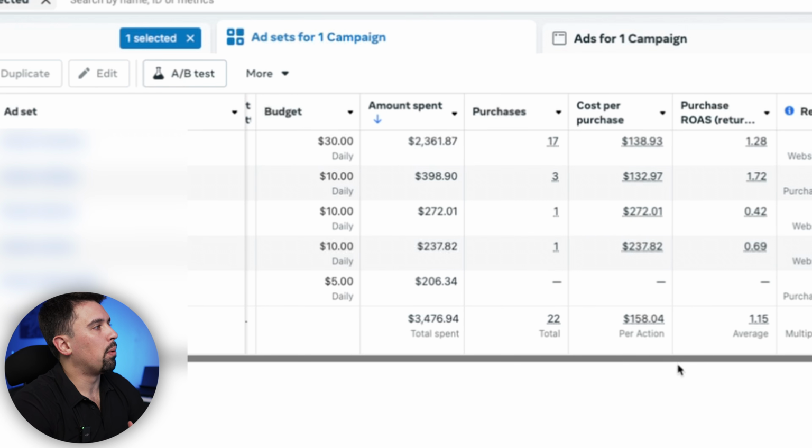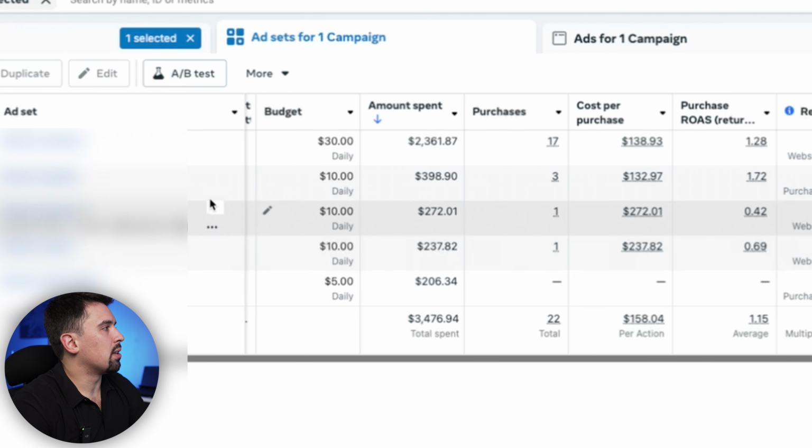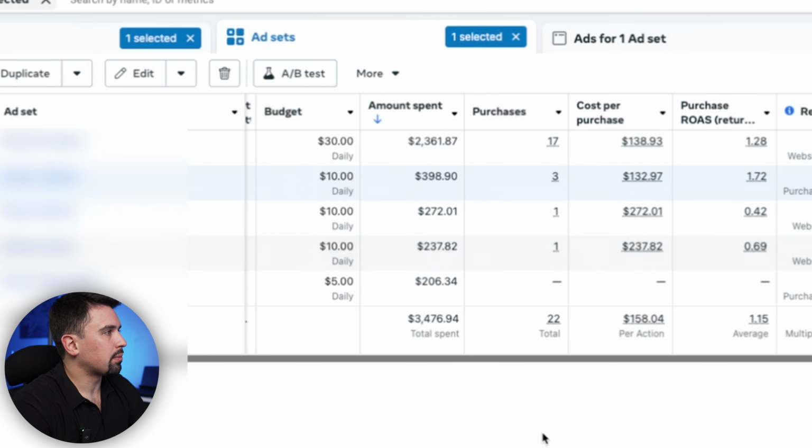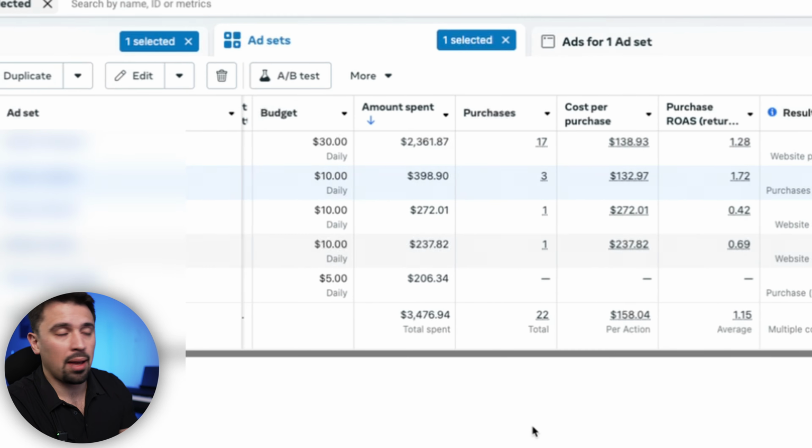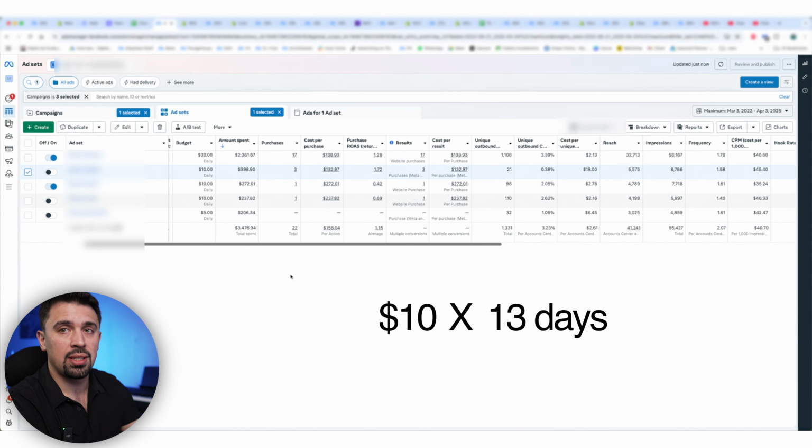What do I mean? Well, let's take this second one here, for example. They had a daily ad set budget of $10, and then they had an average cost per purchase of $130. So with this math, that means it's going to take approximately 13 days to get a purchase.